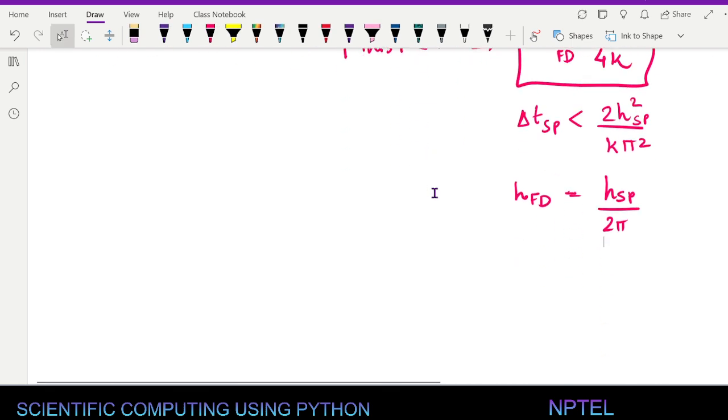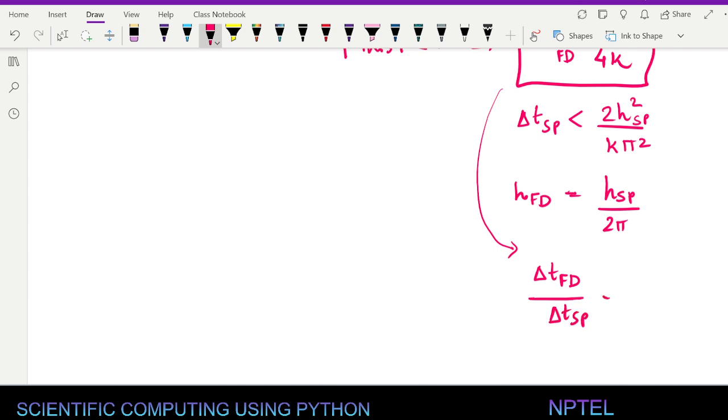This was there in previous lectures. So if you combine all of them, what you get at the end is Δt_fd divided by Δt_sp is equal to 1 by 32 roughly.